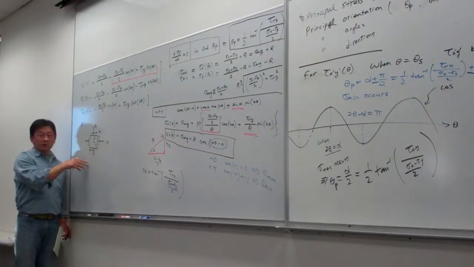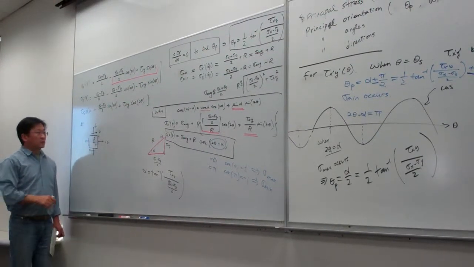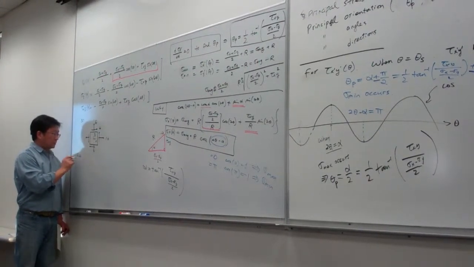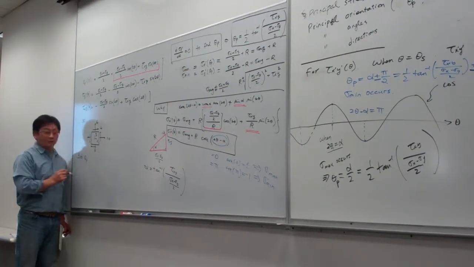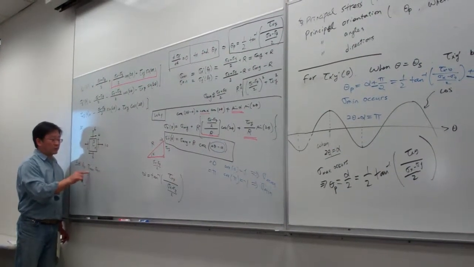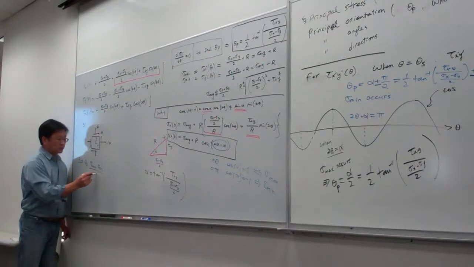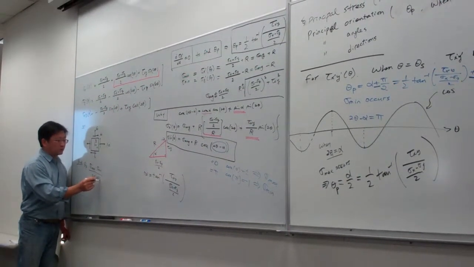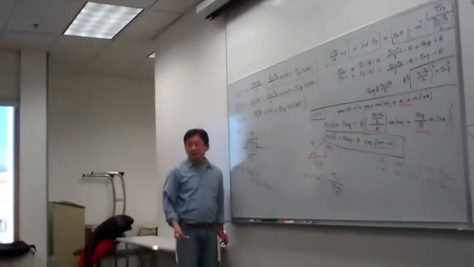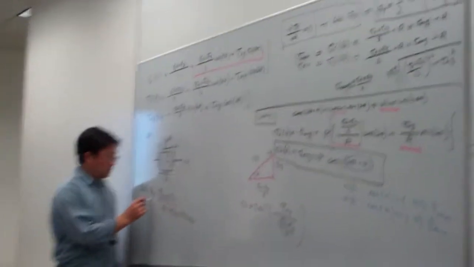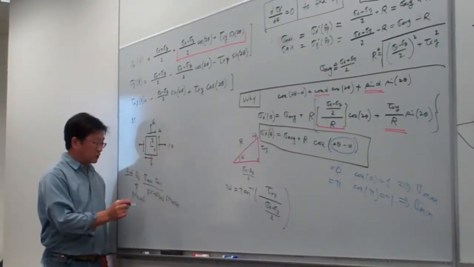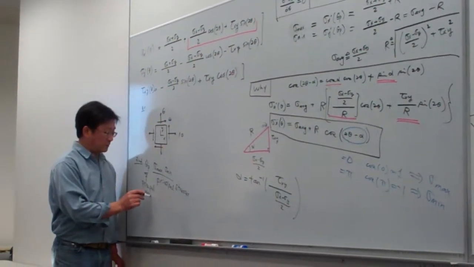The other side is in equilibrium, so let me ignore that one. So for this case, say we want to find theta p, we want to find the maximum, and we want to find the minimum. We want to find the principal stresses. Principal stresses means minimum and maximum both. And this one is called the principal direction or principal angle or principal orientation, either way.